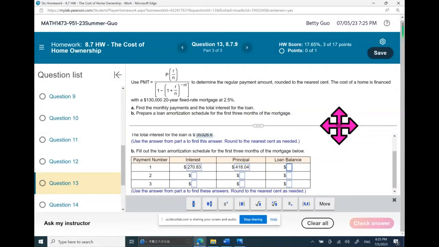And let's see what the loan balance is by the end of the first month. Original loan balance $130,000. We're going to use that minus the first month's principal. The first month you pay this much to principal, so we reduce the original loan amount by 418.04. 130,000 minus 418.04.